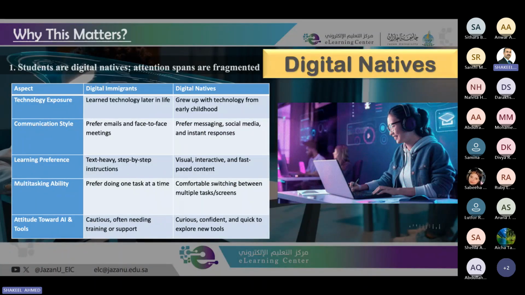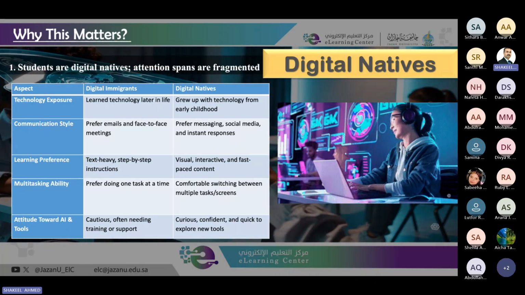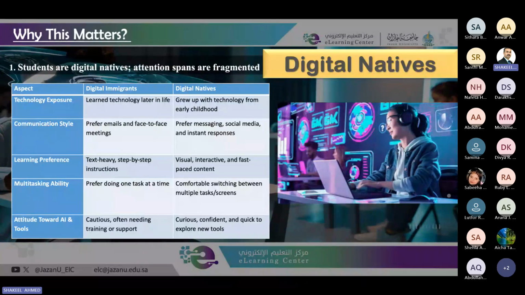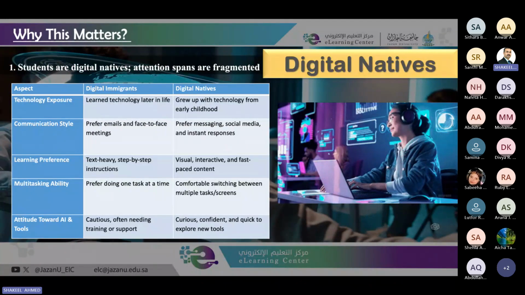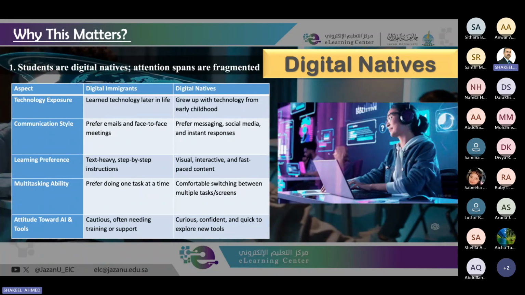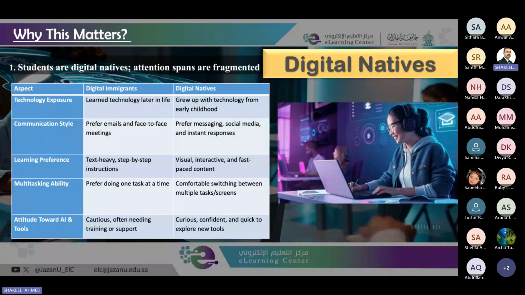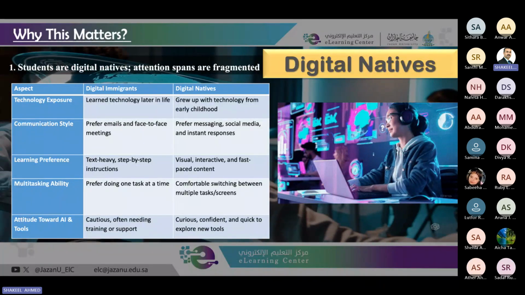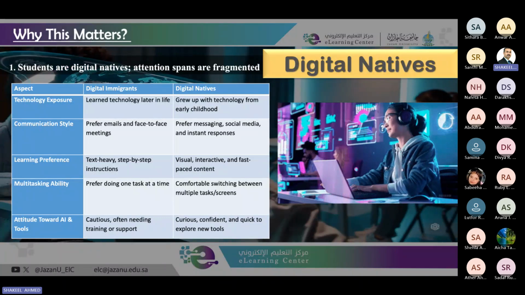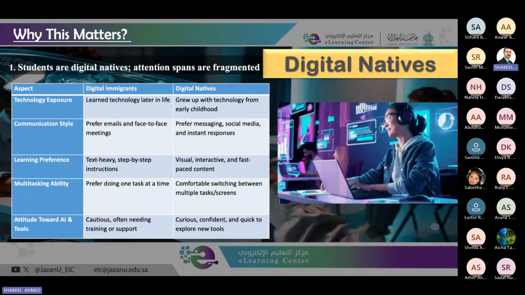So now it is time to discuss why this matters. Specifically, students are digital natives, and how digital natives are different from digital immigrants. Our students are digital natives. It means they grew up using smartphones, social media, and interactive applications. So this means they learn differently from how many of us learn. Their attention span is often shorter because they are used to switching between apps and notifications quickly.